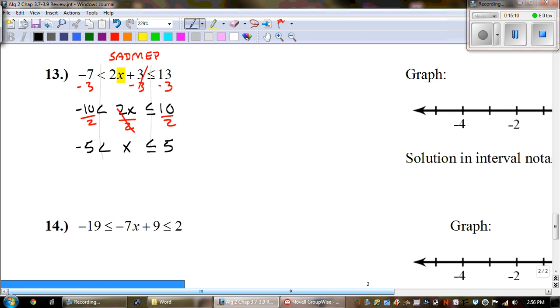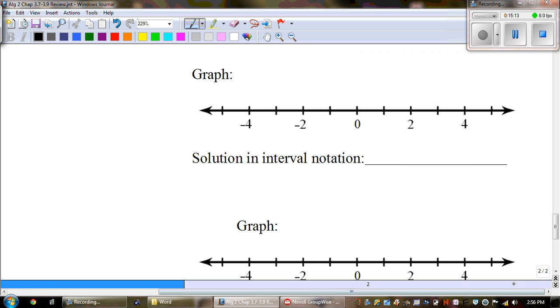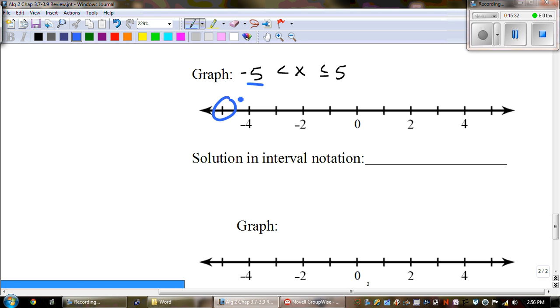Okay. I'm just going to rewrite this over here. -5 is less than x, which is less than or equal to 5. So at -5, I am open, and at +5, I'm closed.